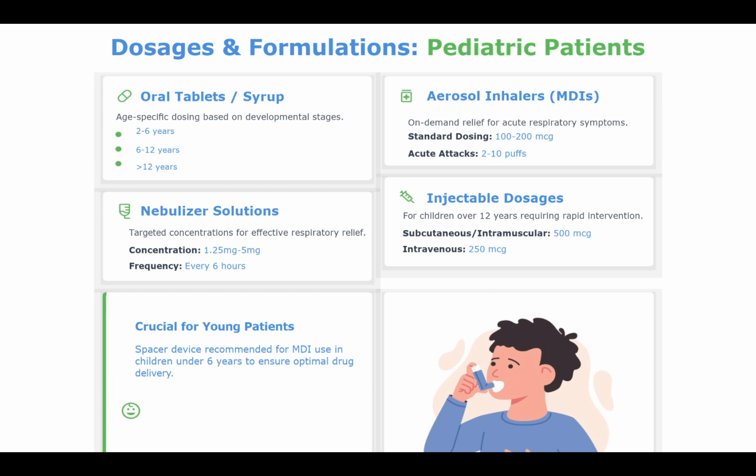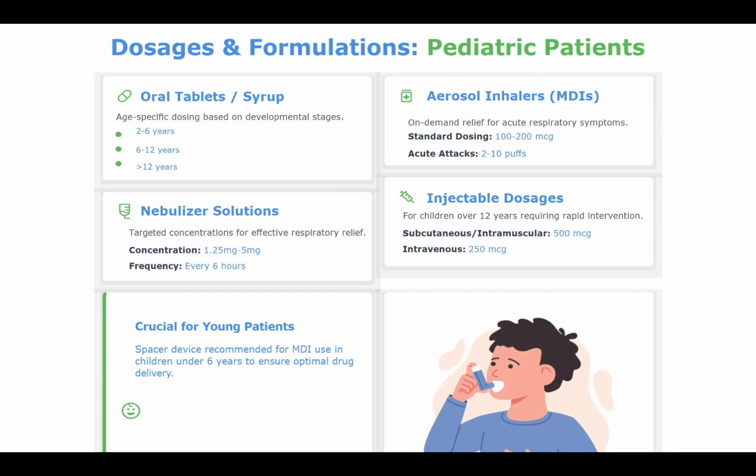Let's focus on dosages and formulations of salbutamol tailored for pediatric patients, a group where precise dosing is vital to balance efficacy and safety. Pediatrics require age and weight-based adjustment due to varying pharmacokinetics. For oral administration, salbutamol comes as tablets, 2 mg or 4 mg, or syrup, 2 mg per 5 ml.